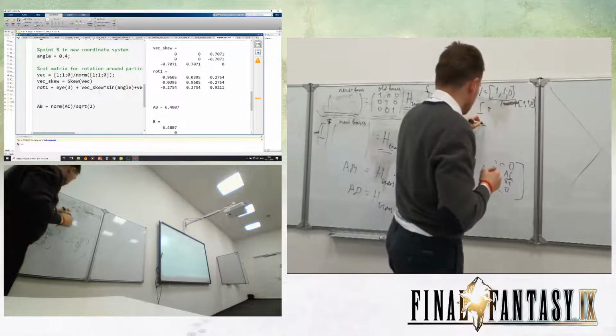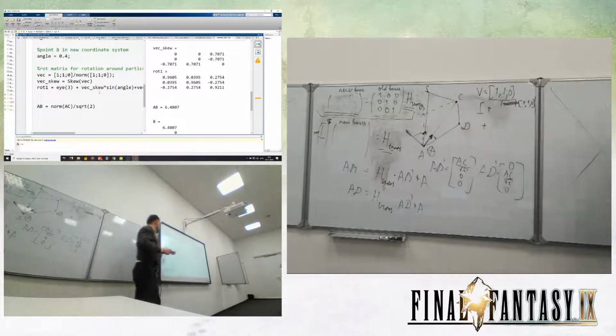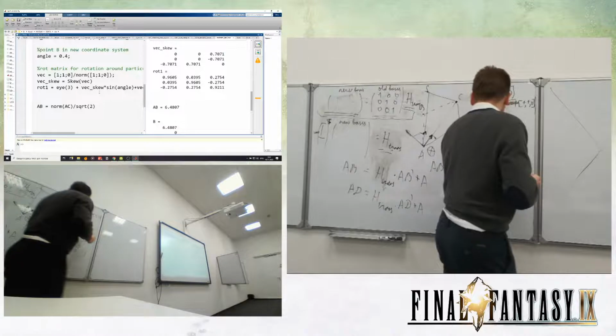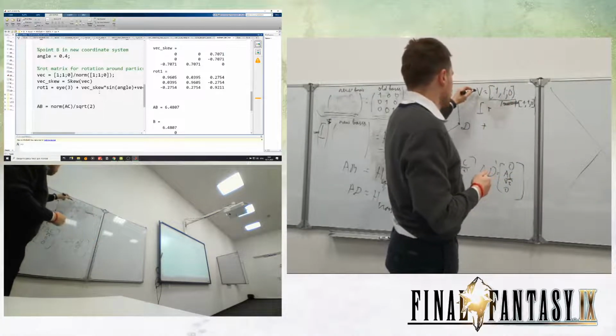So I plus, I wrote it in skew symmetric form.